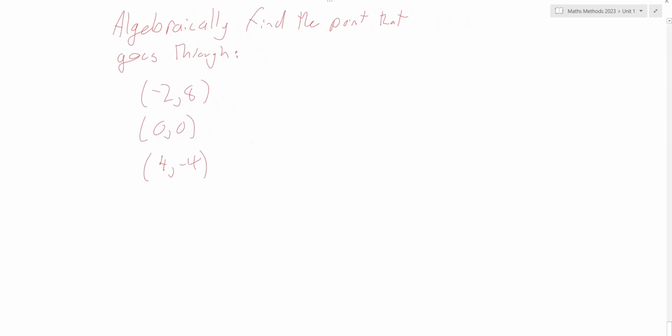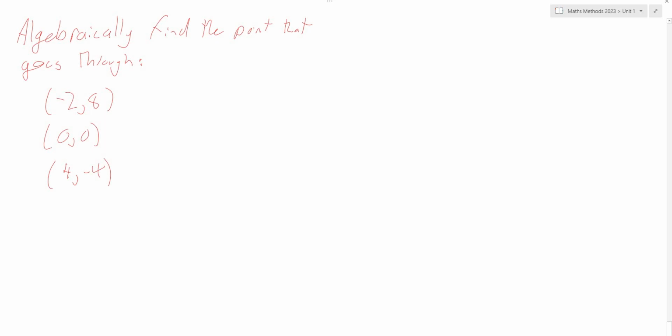Okay. We want to algebraically now find the quadratic that passes through those 3 points. To do this, we're going to do the exact same thing, but we're going to do it mathematically this time instead of visually. So when we did it last time, what was the first point we locked in?